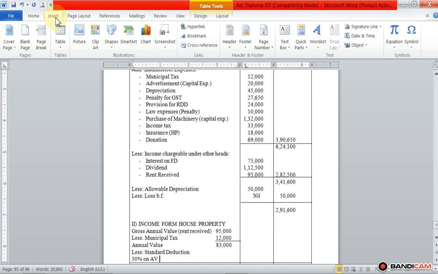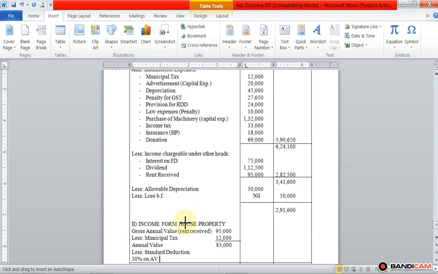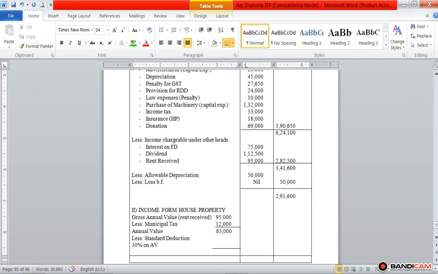So we get 24,900. 24,900 is the standard deduction.